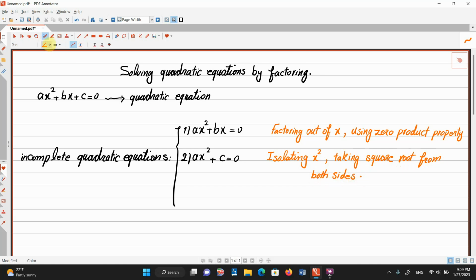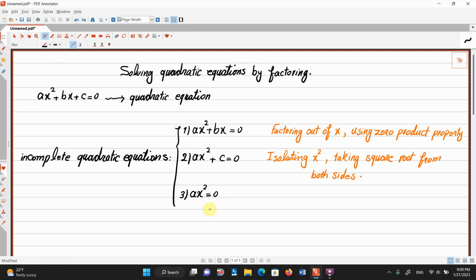And the third type of quadratic equations that can be considered as incomplete quadratic equations are equations in the form of ax squared equals 0. As you see, in these quadratic equations, the constant term and also the linear term are not available, or let me say in them c and b are zero.